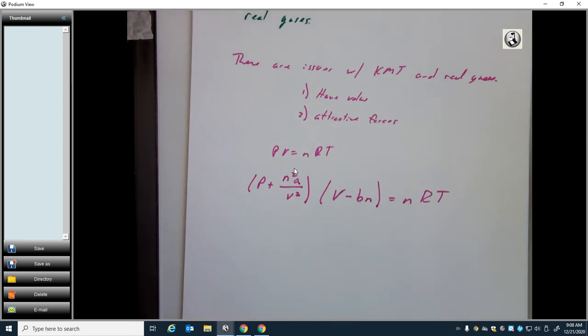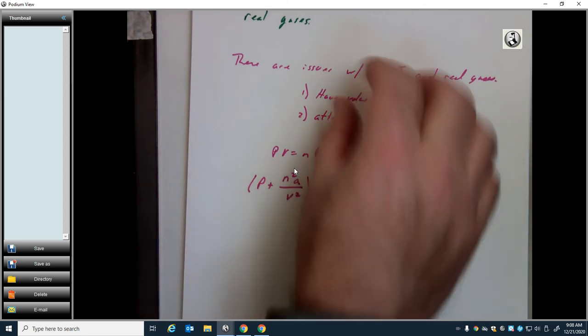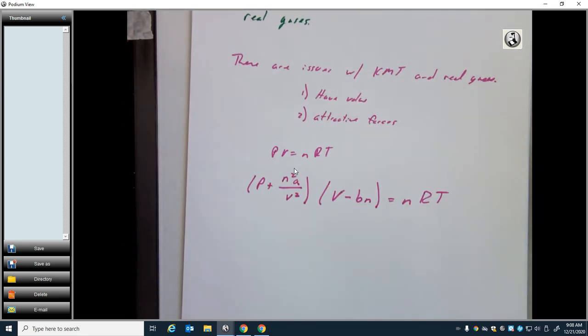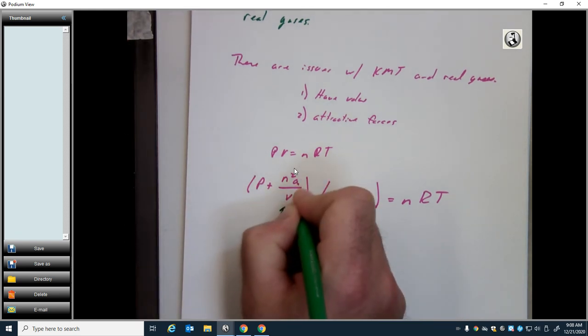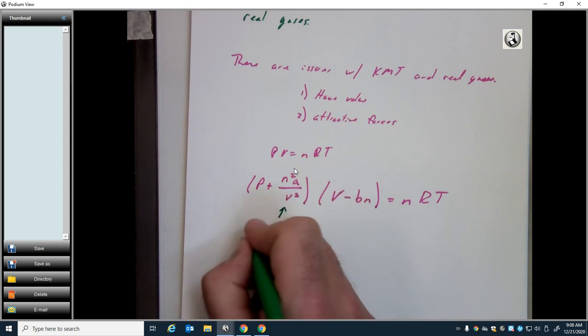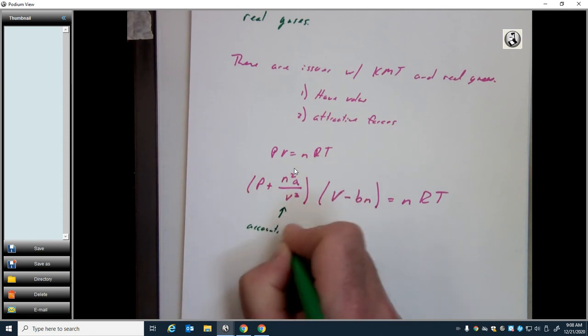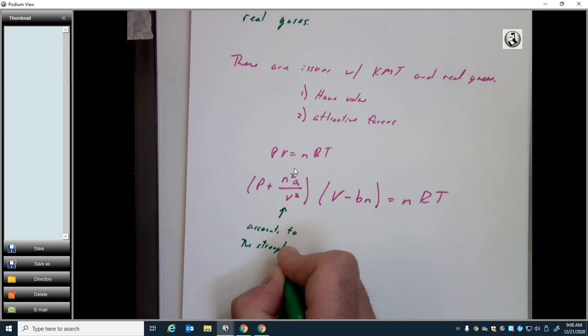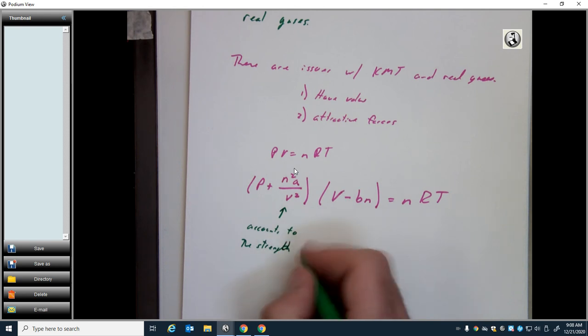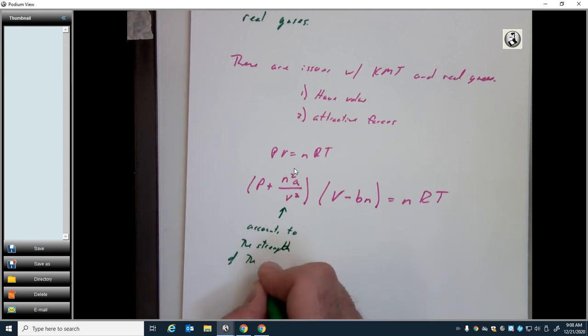Now, what he did is he came up with an equation to help us overcome some of these issues. Now, in reality, you're not going to have to use this equation. You are going to have to tell me what it means, though. So this right here, this n squared A divided by V squared, accounts for the strength of the intermolecular forces.